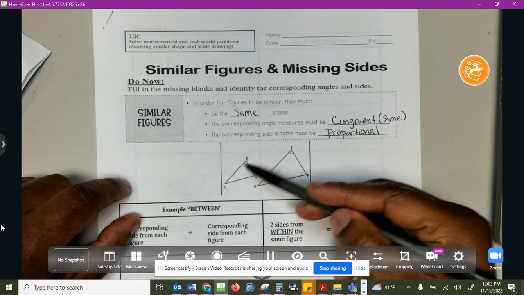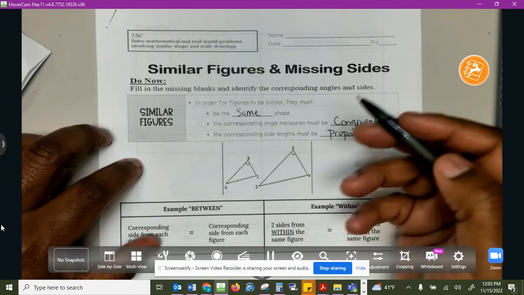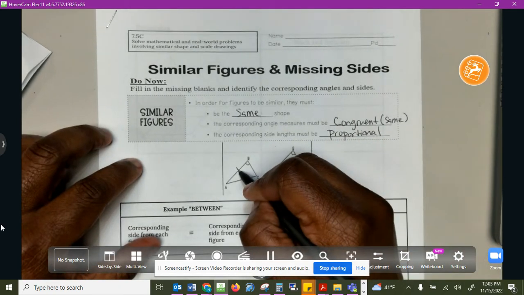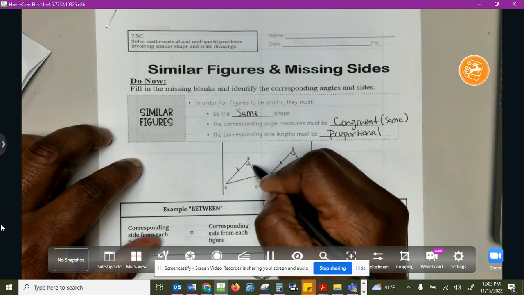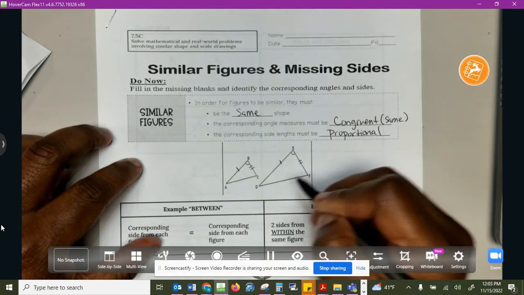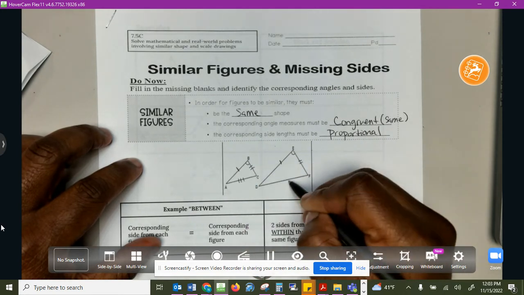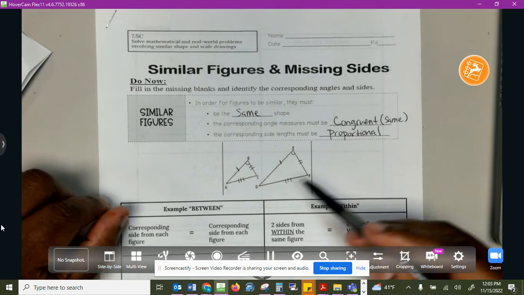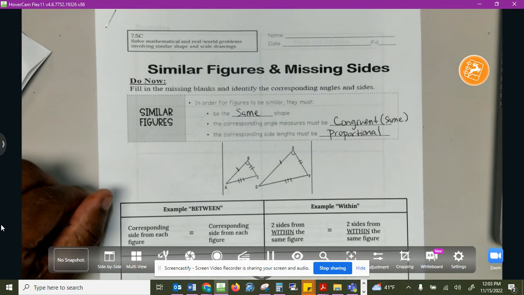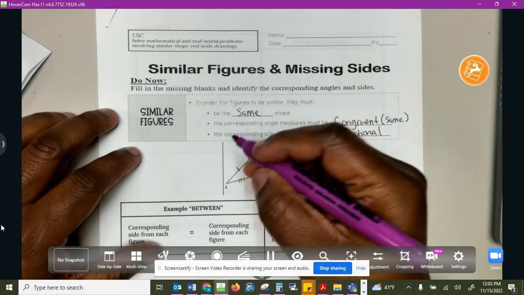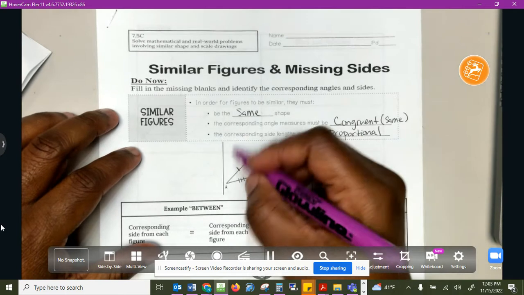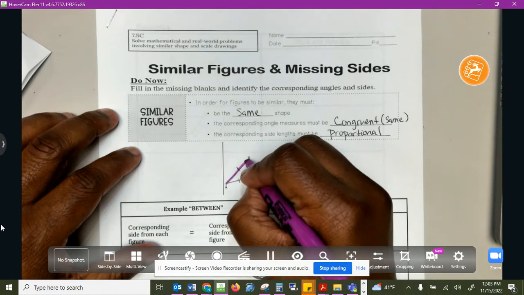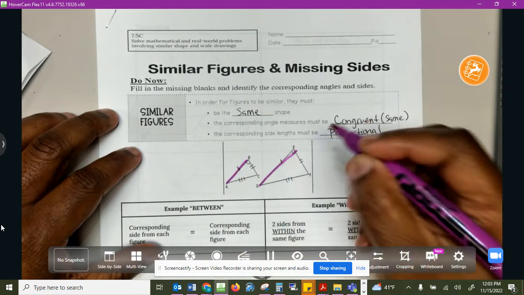And when you went to do the shape here, you could use the little tally marks we talked about to say that each one of those sides go with the other, or you could have used highlighters to distinguish what goes with what.